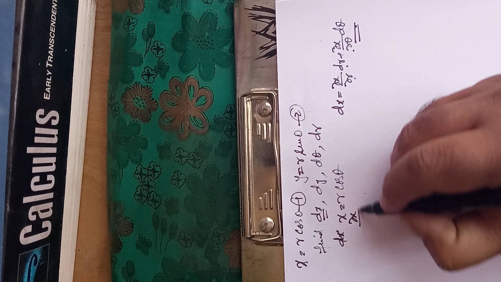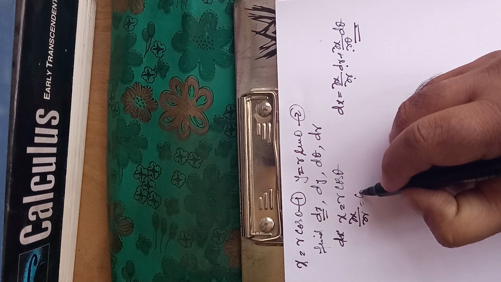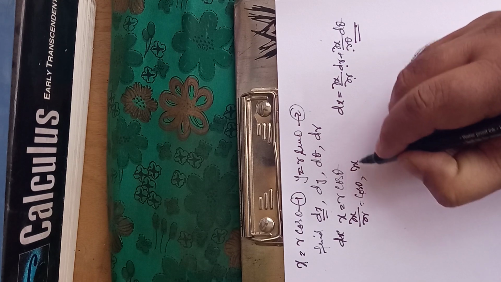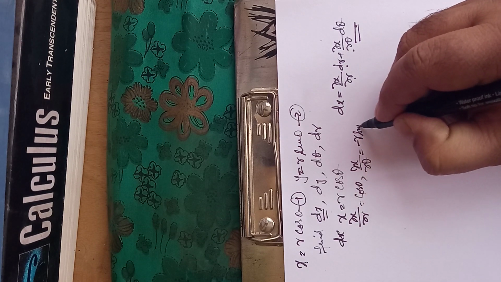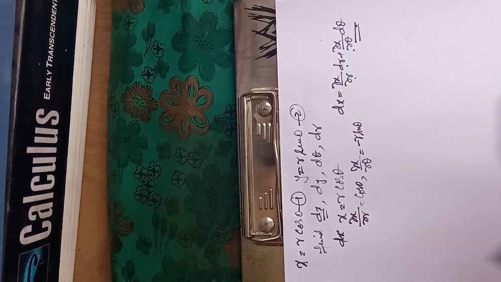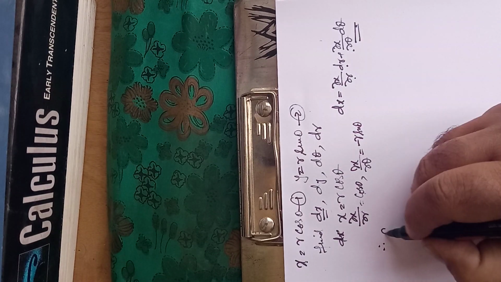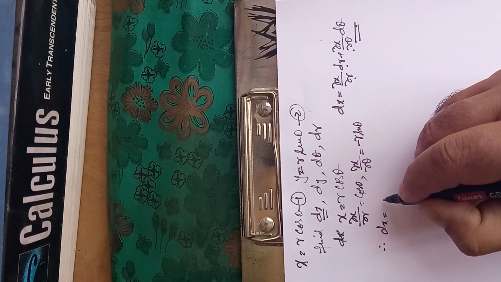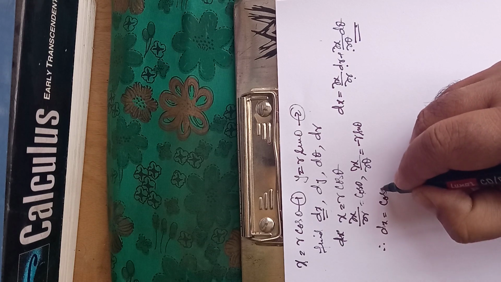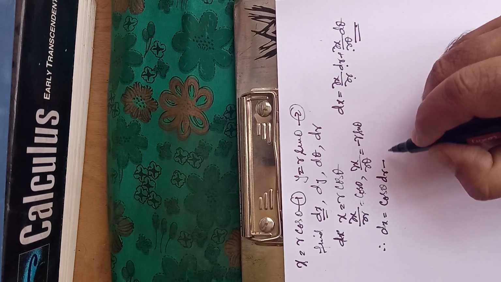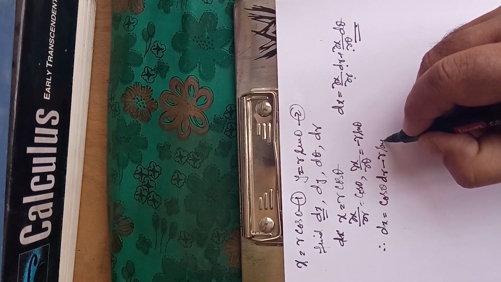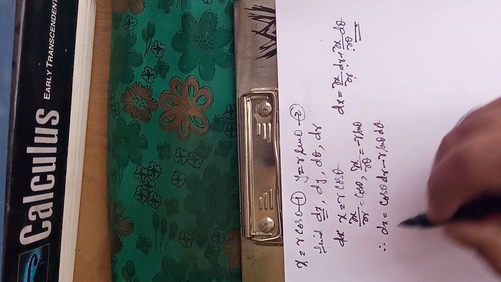See, del x by del r is cos theta and del x by del theta is minus r sin theta. Fine. Therefore, dx is cos theta dr minus r sin theta d theta. This is it.